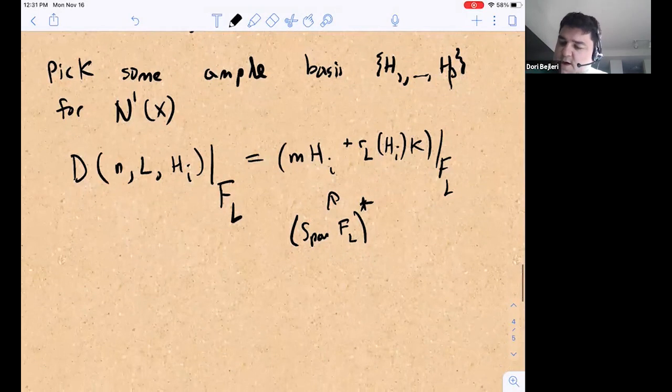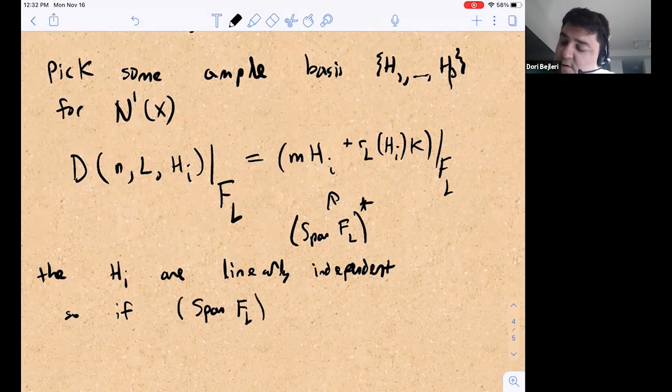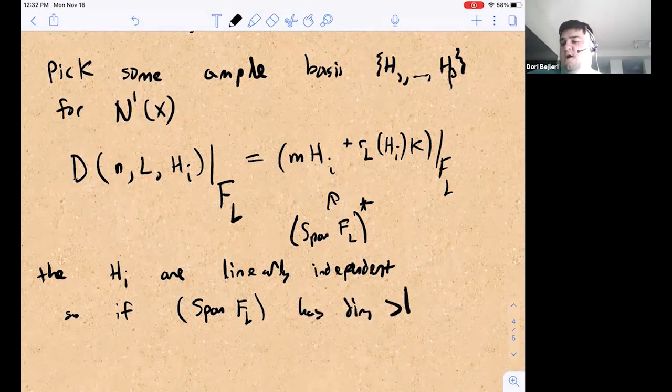But the point is that the HI are linearly independent. So if the span of FL has dimension greater than 1, then these D's as functions can't all be 0.